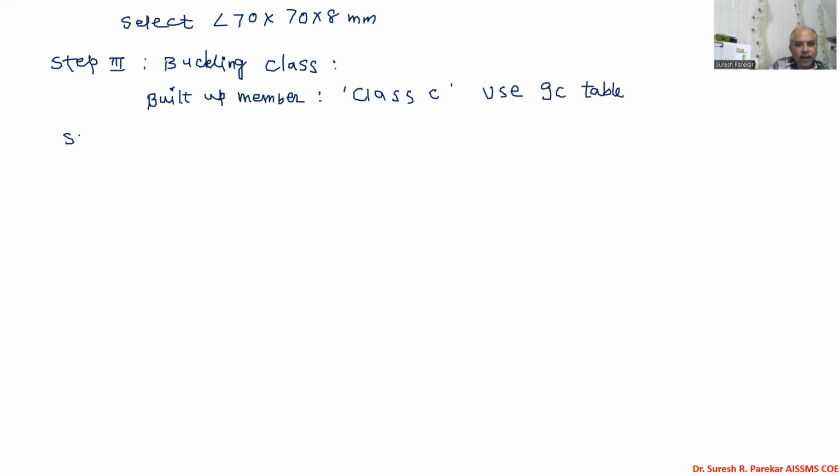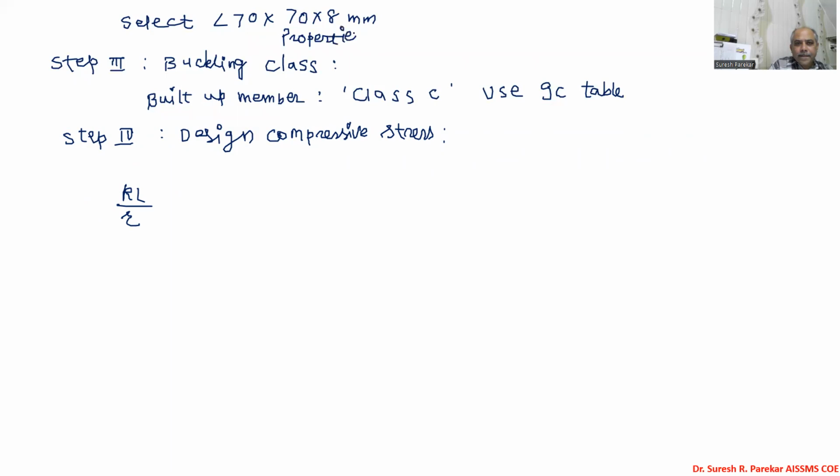Now step 4, design compressive stress. Now we go to KL upon R. We selected 70, 78, and the properties are: area 1060 millimeters square, and RYY equal to RZZ is 21.2 millimeters.